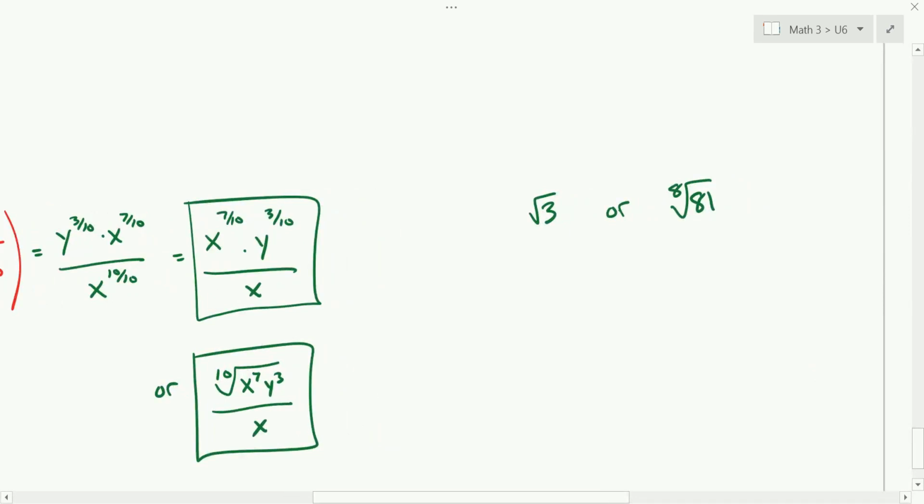What's that? They're equal? You don't know? You're just thinking it might be a trick question. Which one's bigger? We can answer this now. Square root of 3 or the 8th root of 81 without a calculator. Which one's larger?